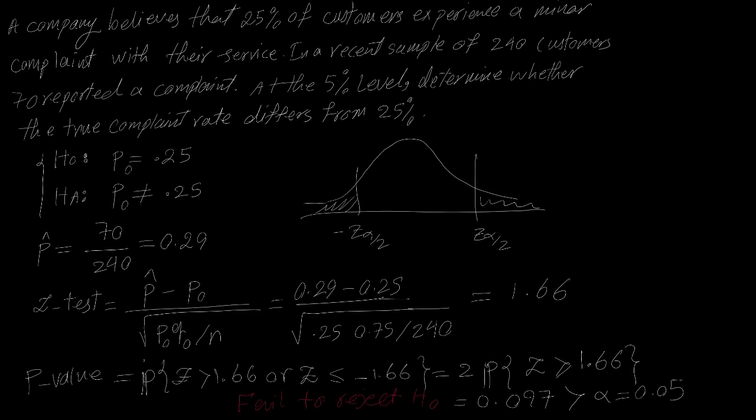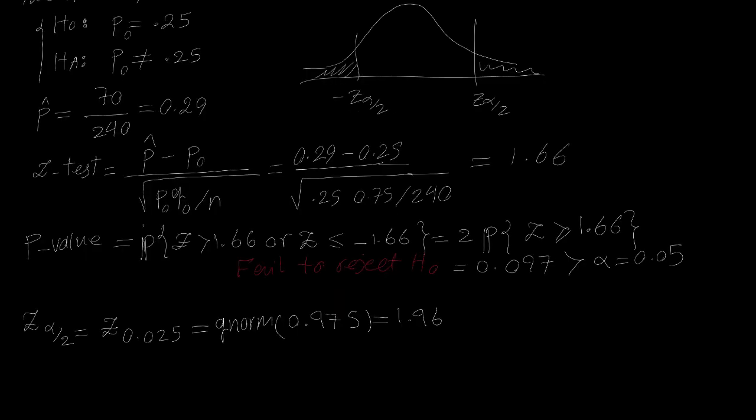Okay, now the second approach, when we want to compute Z of alpha half and negative Z of alpha half. For the second approach, we compute Z of alpha half. Alpha is 5%, so alpha half is 0.025.